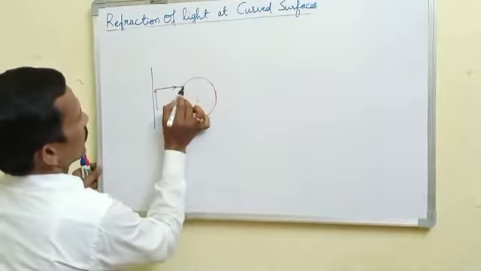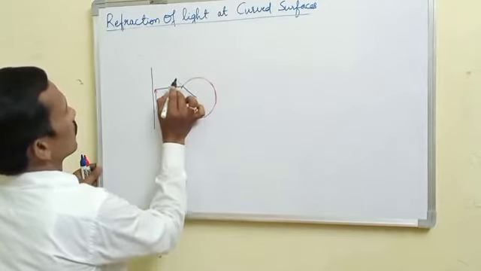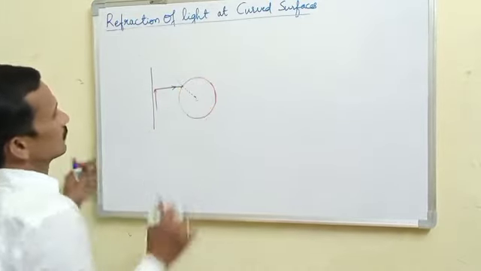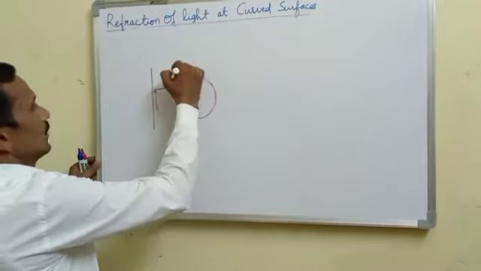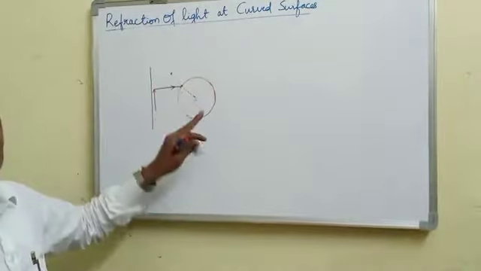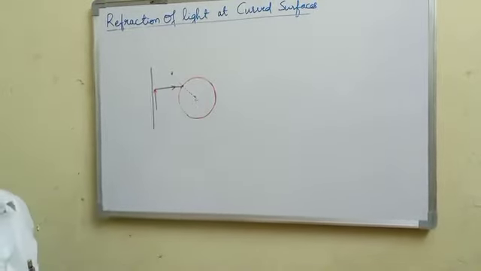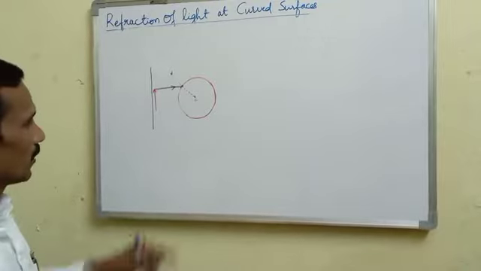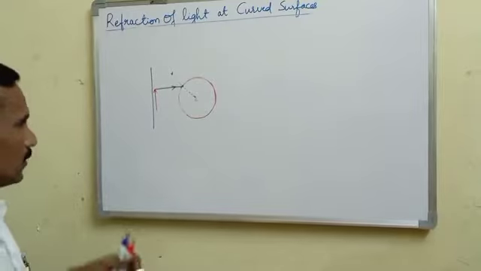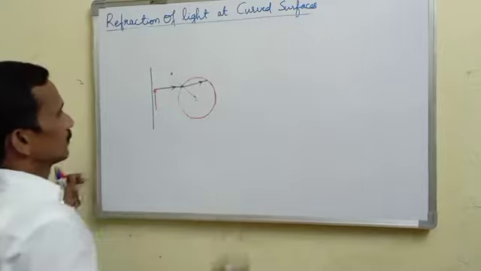This is the normal here. So it bends a little towards the normal. And this is denser to rarer. What is denser here? This is the glass. So when a light ray moves denser to rarer, it moves away from the normal, like this.